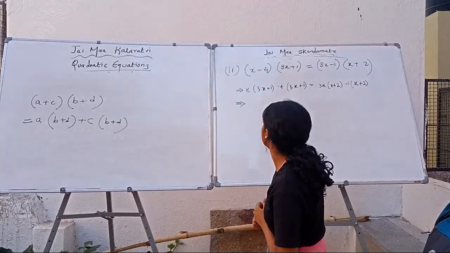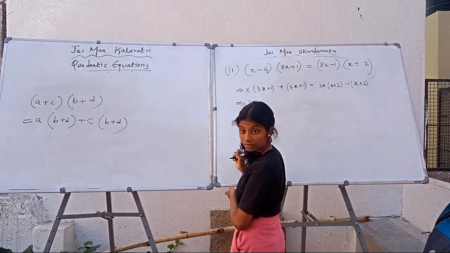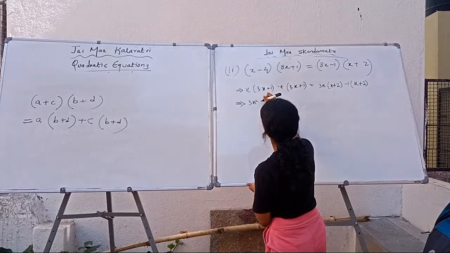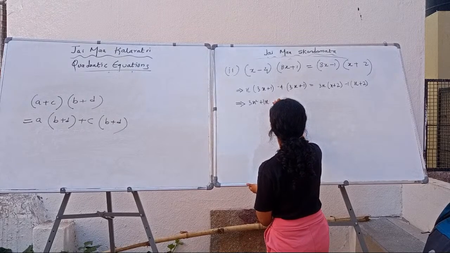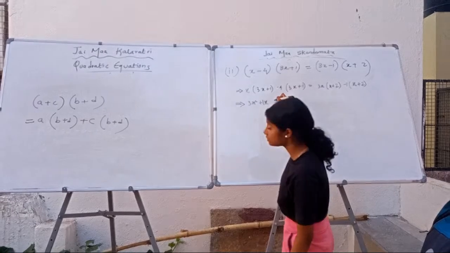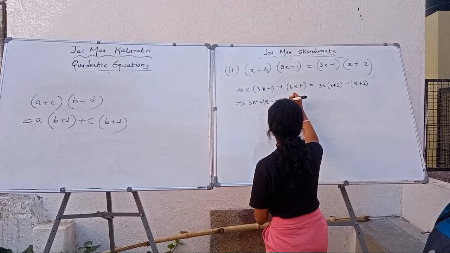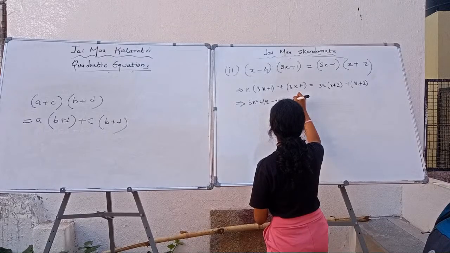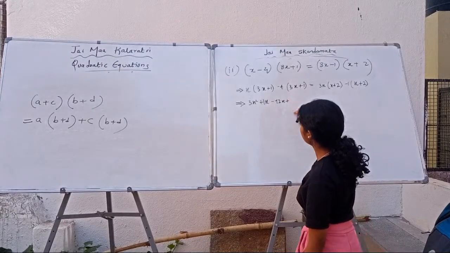Open the brackets now. 3x square, very good. Then minus 12x, naturally. See, sign gets multiplied with sign and number with number. So minus 4 into 1.